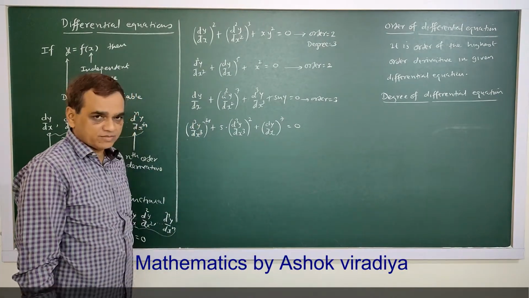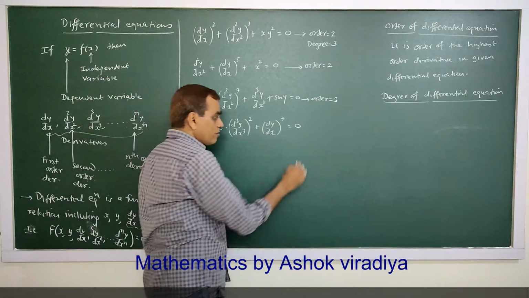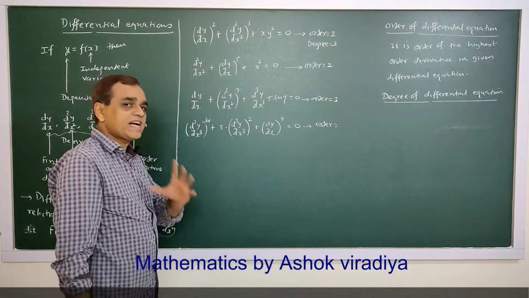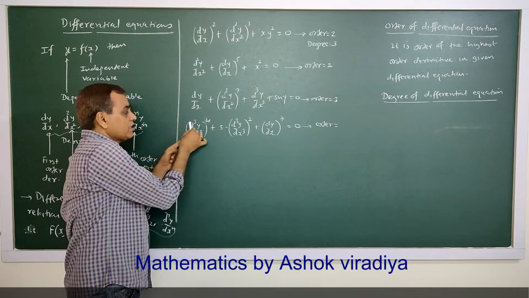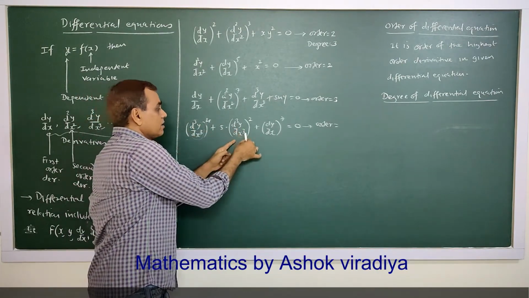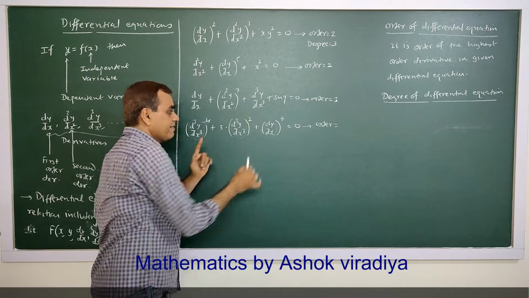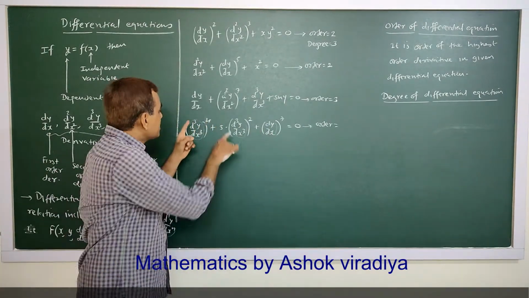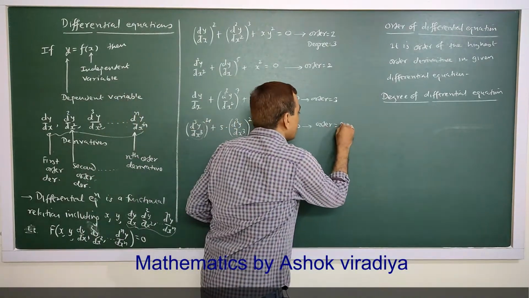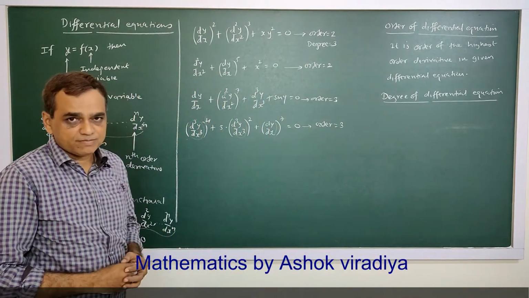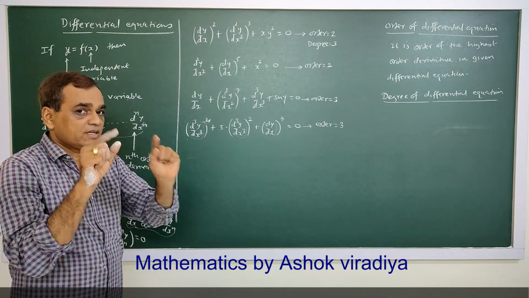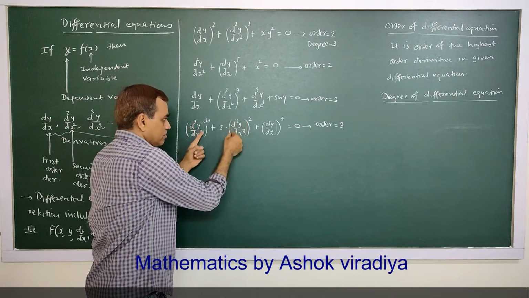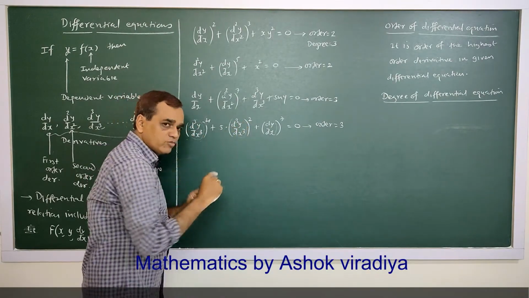Now look at this equation. What is the order of this differential equation? So check derivatives. This is a third order derivative, this is a third order derivative, this is a first order derivative. So the highest order is 3. So the order of this differential equation is 3. Now degree. For degree, observe the highest order derivative.